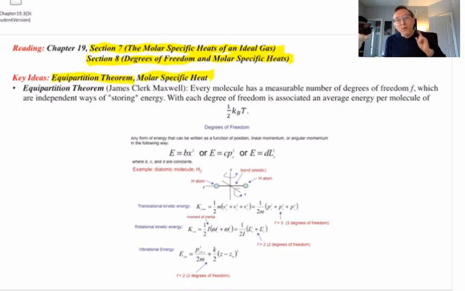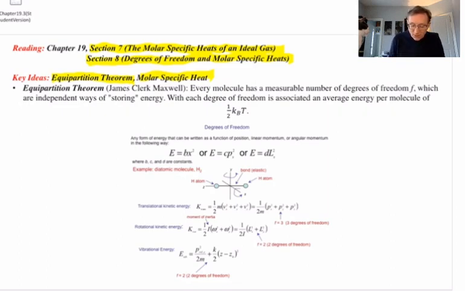Or you can have molar specific heat or molar specific heat capacity, which is heat capacity over number of moles of the gas. We're going to be working with molar specific heat capacities in this section because it turns out there's a very simple formula for molar specific heats, and that's what we're going to get to now.